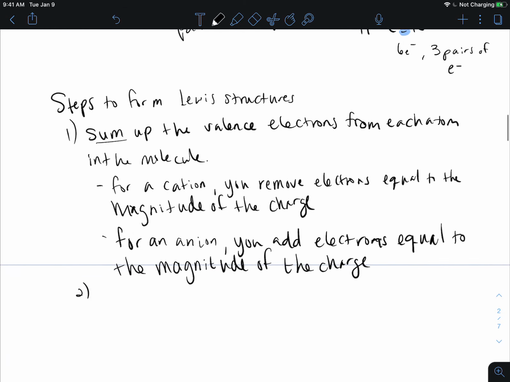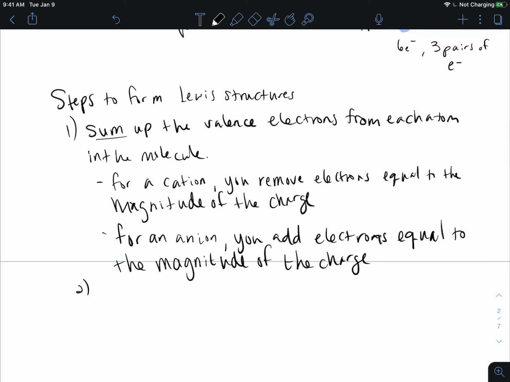The next step is you're going to write the symbols for the atoms, and you're going to take into account the atom connectivity. So you're going to show which atoms are attached to which.